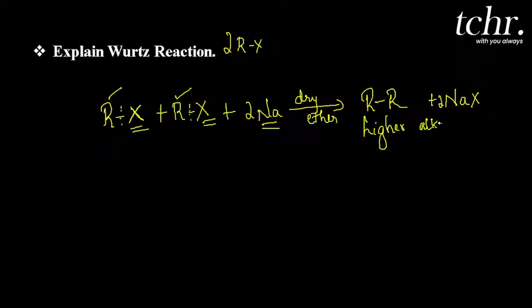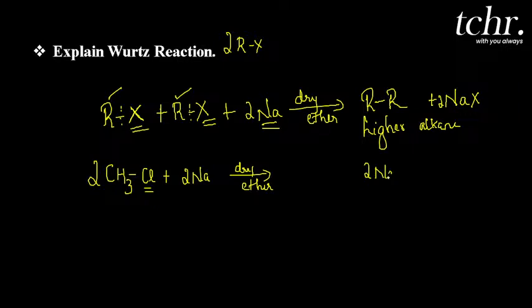Is it clear? So, once I give a particular example, you will come to know. Now, students, if I have taken two molecules of simple haloalkane, that is chloromethane, and treat that with two molecules of sodium in the presence of dry ether as a catalyst. You know that halogen is a good leaving group. It goes out as two molecules of NaCl.